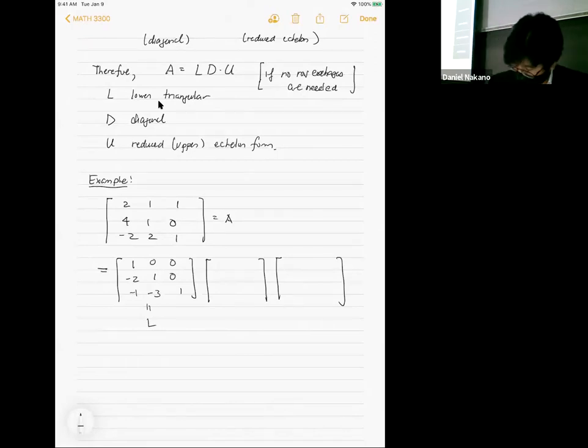Okay, so the pivots are going to be 2, minus 1, and minus 4, and that's our D over here. Okay? And then we had our reduced echelon form, which is a matrix like this, and 0, 1, and this was our U.